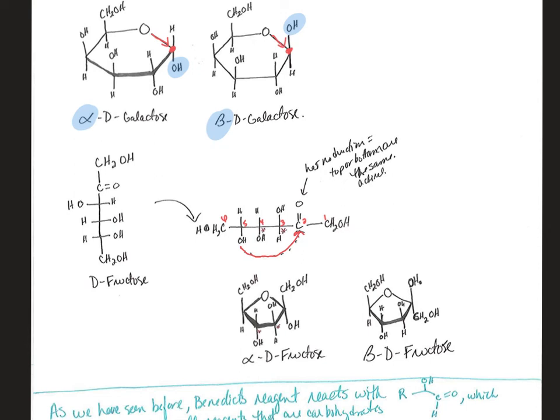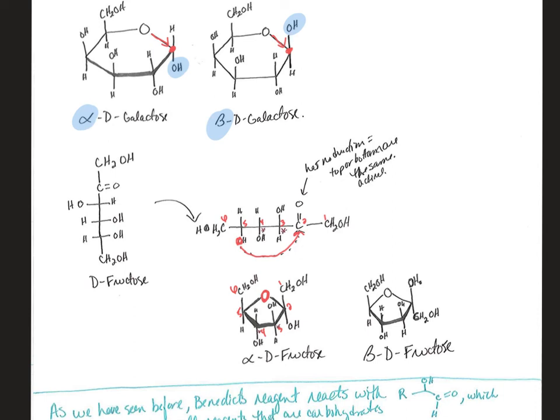So let me count that for you. We've got 1, 2, 3, 4, 5, 6 carbons. And see how this oxygen right here ends up being this one right here. So they look a little funny when they're fructose because they're 5-membered rings instead of 6.